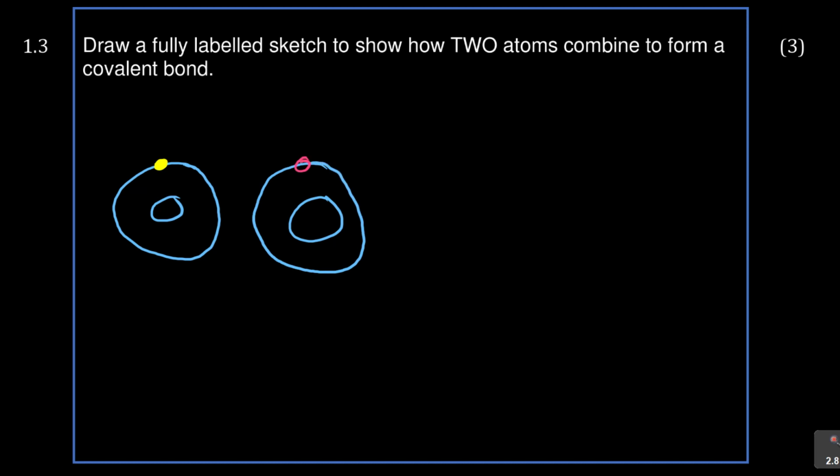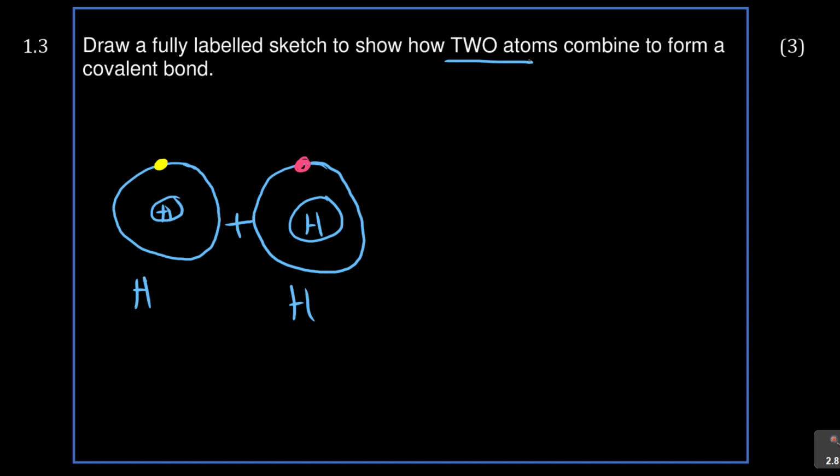I'll make it different like this. So I will call this a plus. Remember, they say draw a fully labeled sketch to show how 2 atoms, so these are 2 atoms, atom 1 and atom 2, and I call this hydrogen. Remember, with hydrogen it's just empty here. A hydrogen is just a proton. You can make it just like that. It doesn't have any neutron at all.